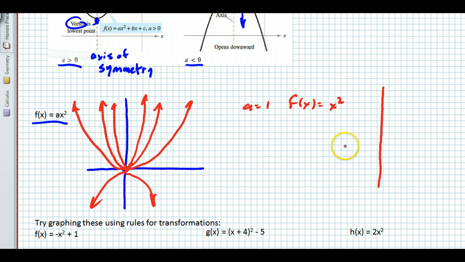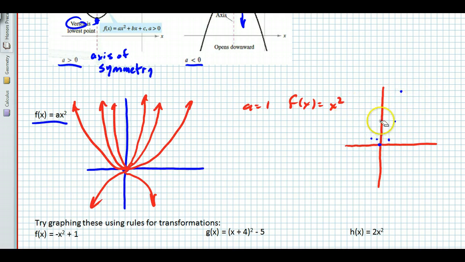So let's talk about how that works. As I said, we've got a vertex at 0, 0, and then we've got a point at 1, 1, 2, 4, 3, 9. 1, 2, 3, 4, 5, 6, 7, 8, 9. And because of symmetry, everything matches.